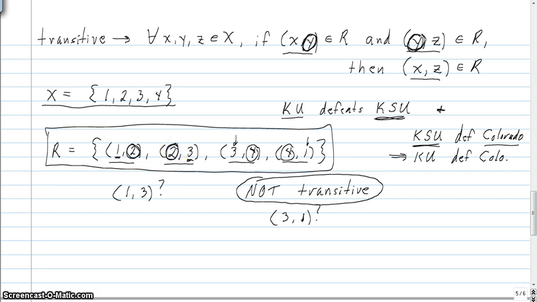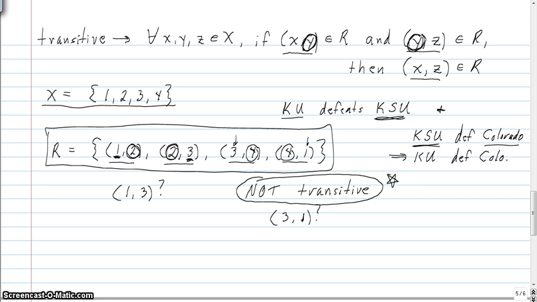And then you'd have to make sure that also in the relation was an element with this value and this value here, right? So if you're given the elements of the relation, it could be very tedious and time consuming to verify that a relation is transitive, and that's probably not something we would really want to do. It would be much more practical to have you verify that a relation is not transitive.